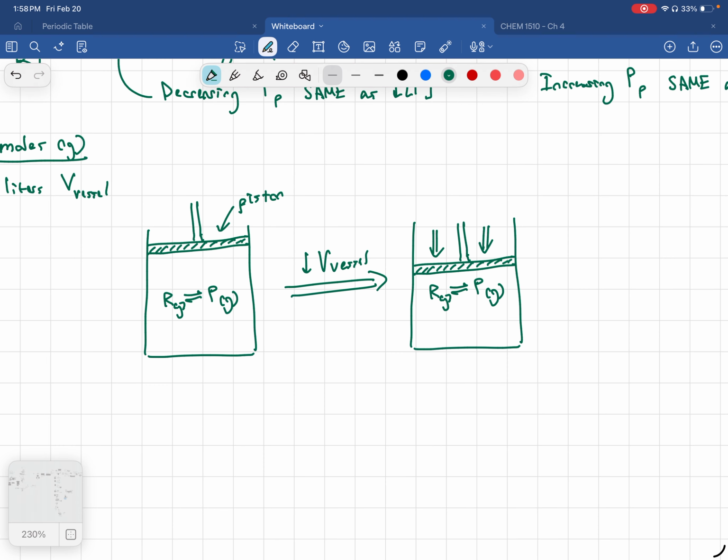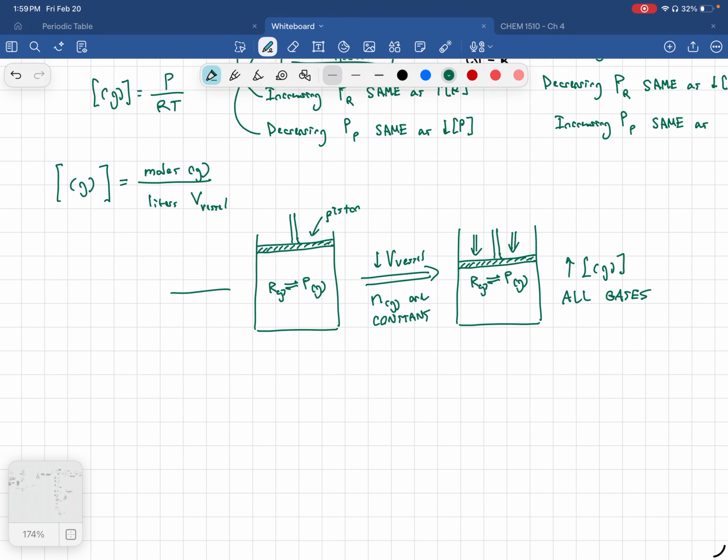Now the volume of the vessel is getting smaller, but the moles of our gas are constant. Then that has the same effect as increasing the concentration of all gases in the container.